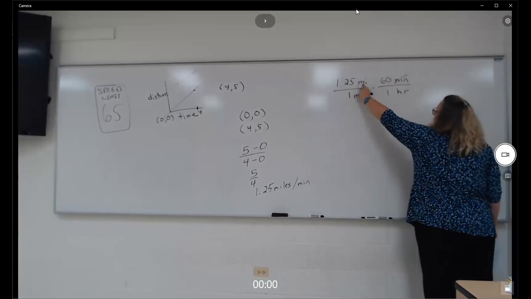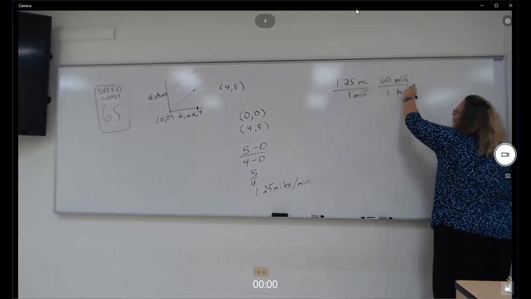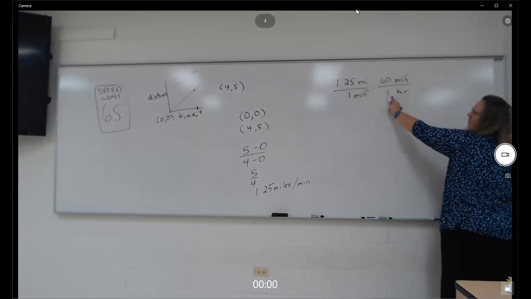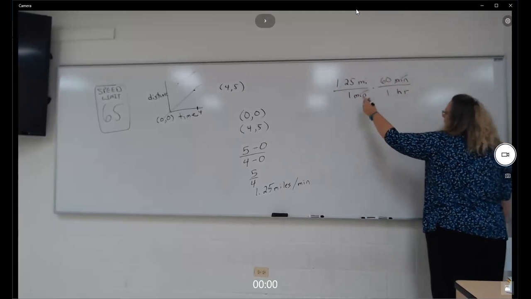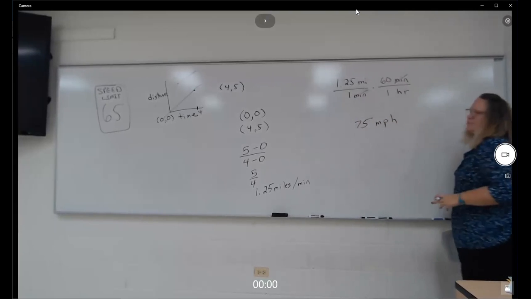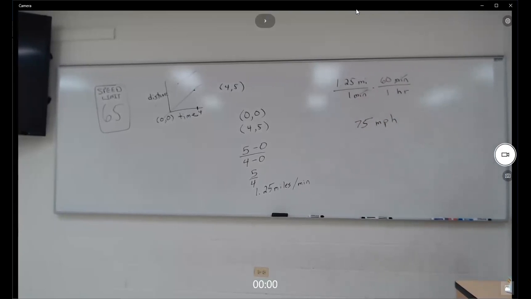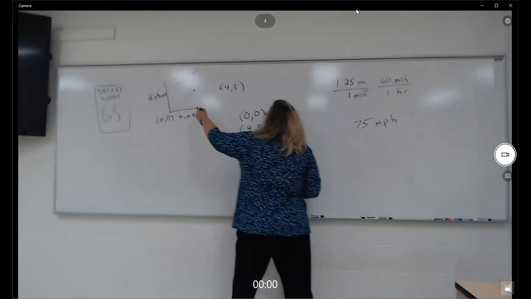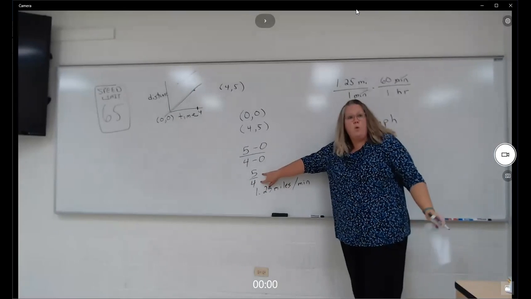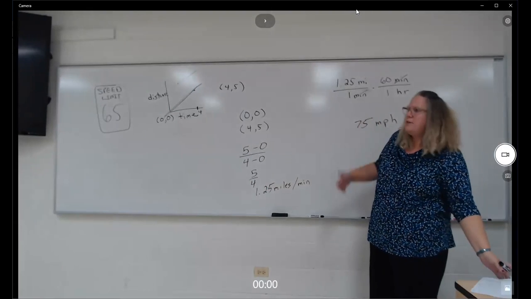And now I have miles per hour. Remember, per just means fraction bar. Is that 75? So the slope of this line is 5/4, or converted over to hours, 75 over 1.